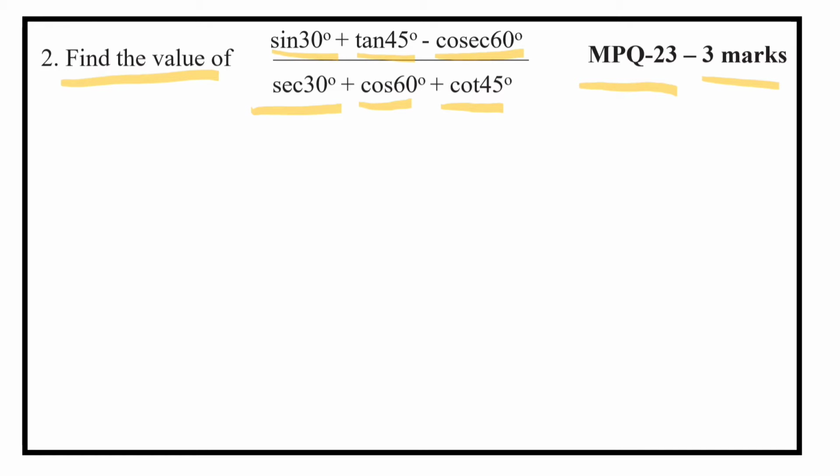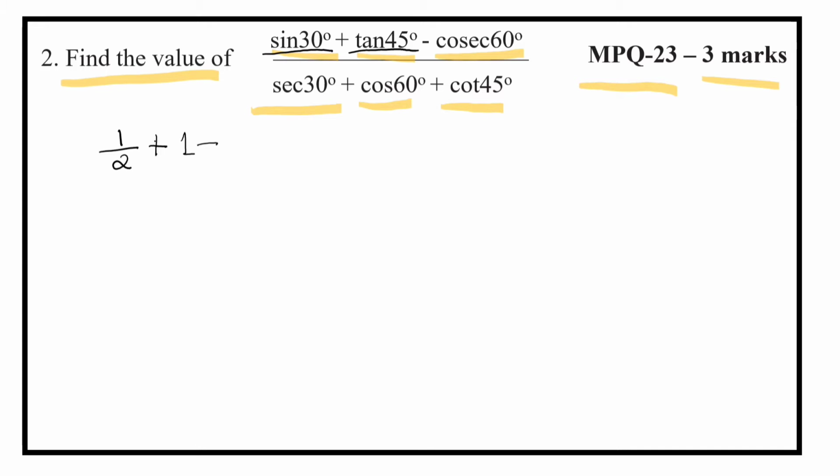Now what is the value of sin 30? Sin 30 is 1 by 2, plus what is the value of tan 45? 1, minus what is the value of cosecant 60? Cosecant ratio is the reciprocal of sin ratio.